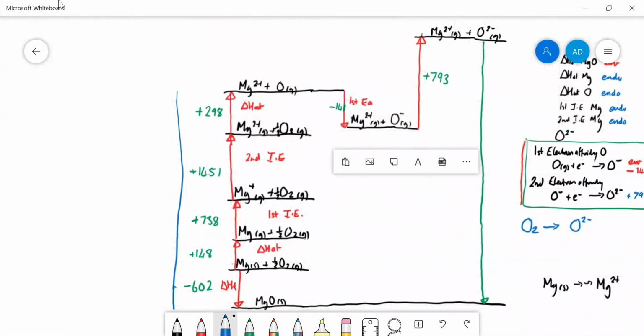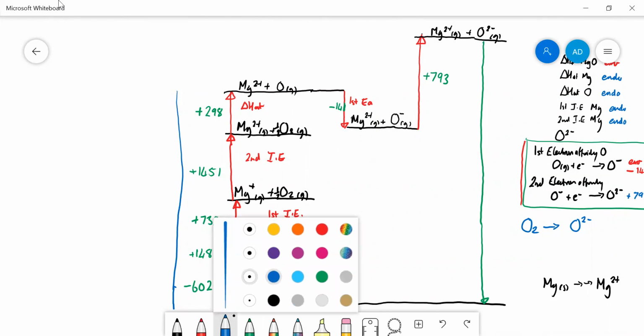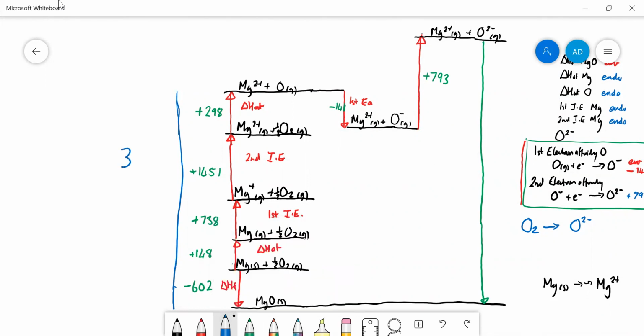So I'm going to have 602, ignoring the negative sign because we're going up, plus 148, plus 738, plus 1451, plus 298. All of that there is 3237 kilojoules.